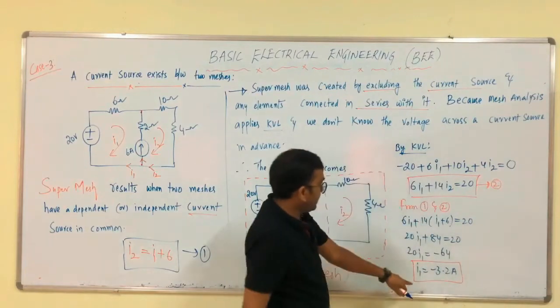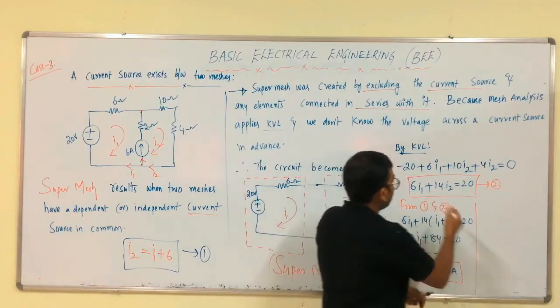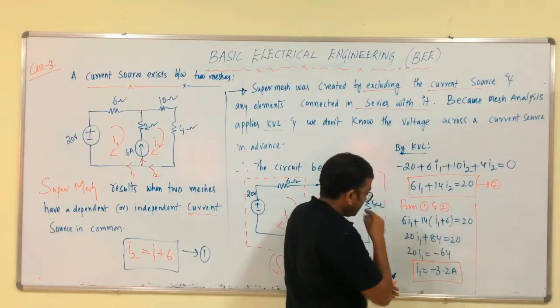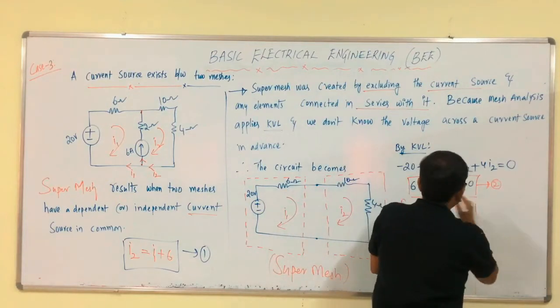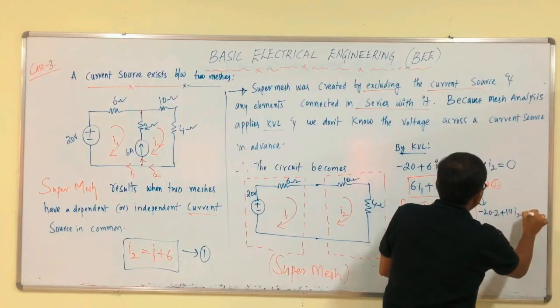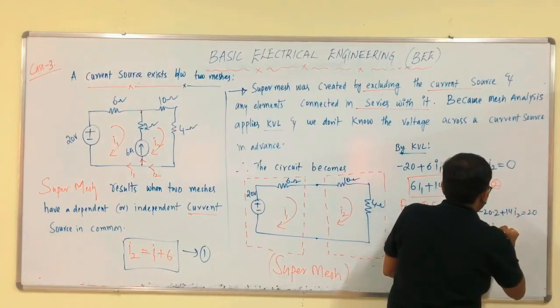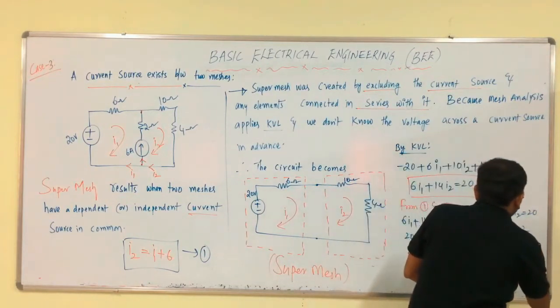So I1 is minus 3.2 amps. Substituting this, minus 19.2 plus 14 I2 is equal to 20, so 14 I2 is equal to 39.2. From this, I2 is what? We will get 39.2 by 14.